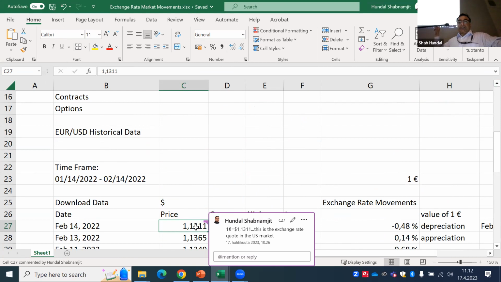This is the exchange rate quoted in the US market. In the US market, which is the foreign currency, euro or dollar? Imagine that right now you are in New York, what is your domestic currency? Dollar. So it means that the foreign currency is euro, right?